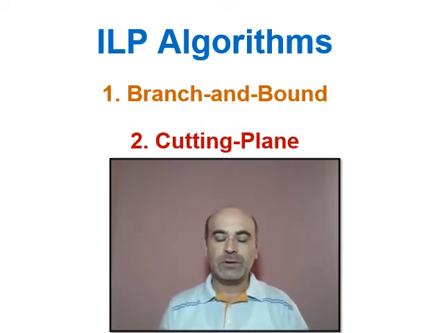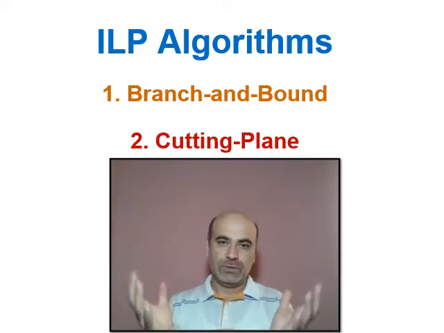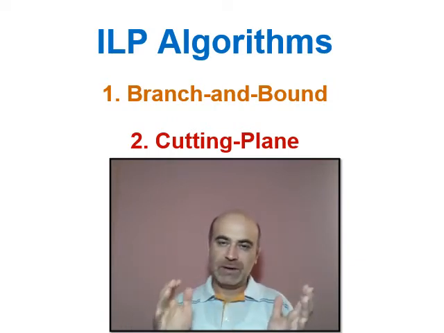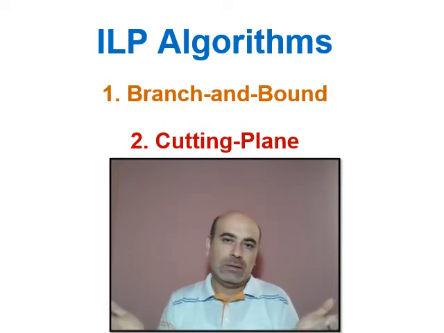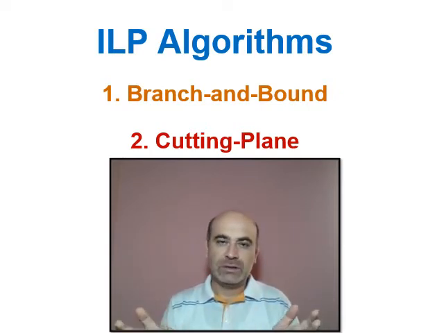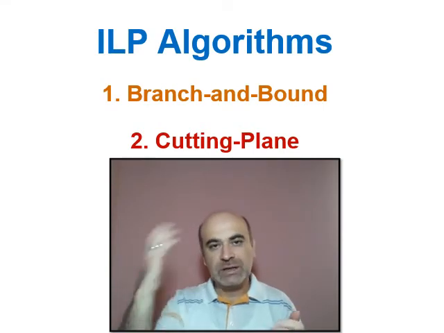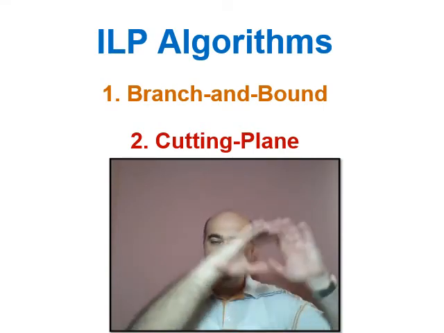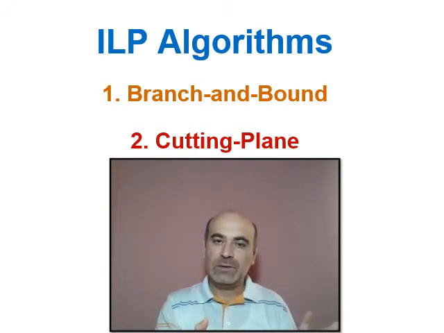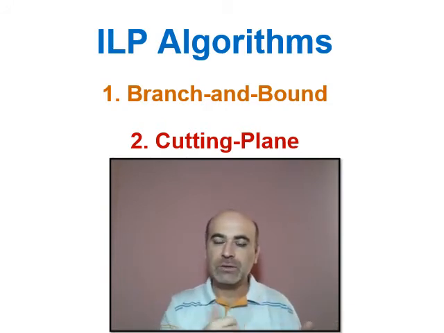One method, of course, is to do this. You have your original model, you relax the variables, and you solve it using the simplex algorithm. If the solution is not integer, generate the cut and include it in the model. So you now have a new model with an additional constraint.